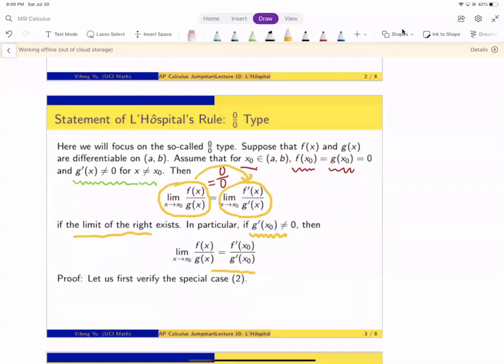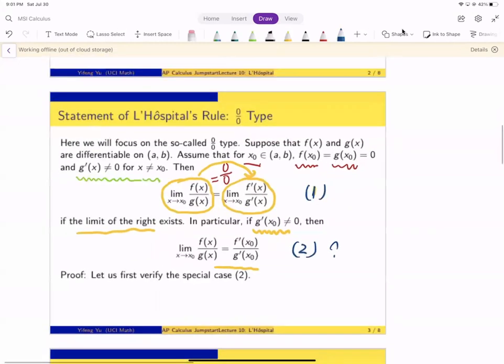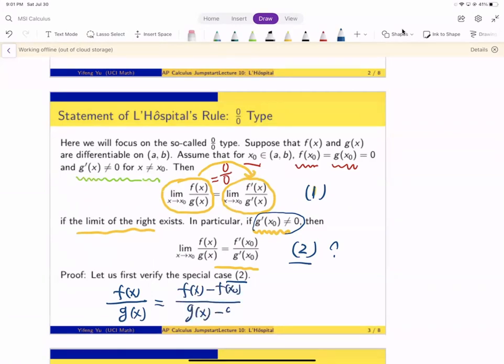Let's say this is the general case, which is 1, and this is the special case, which is 2. Let's first verify special case 2, which is very easy to check. We assume the derivative of g at the point x0 is not 0. Then I can rewrite f(x) over g(x) as (f(x) minus f(x0)) over (g(x) minus g(x0)).